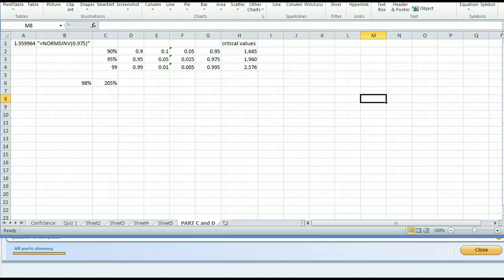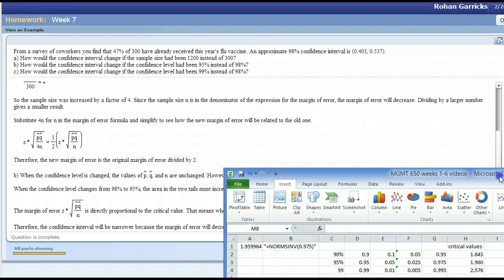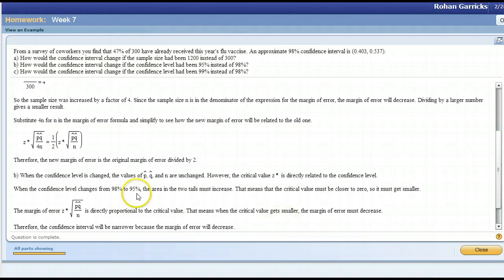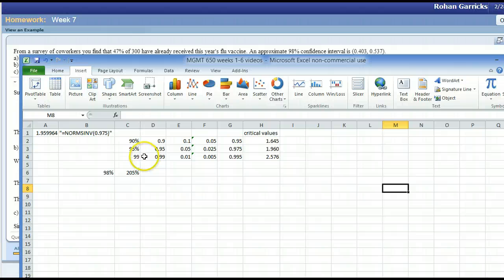So what you need to observe is, and let's stick this right here where we can still drag it over, if we change our confidence level from 95 to 98%, what will that do for the value of z? Let's do 98% real quick right here.